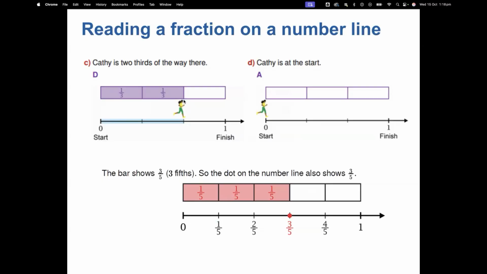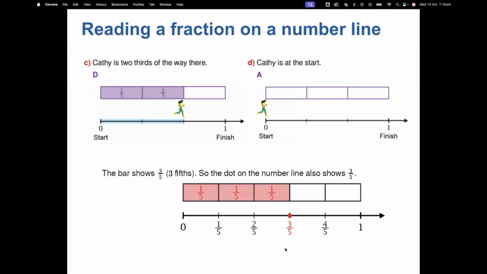Kathy has run 2/3 of the way on both the bar model and on the number line as well. So making that connection. The example along the bottom is a little bit more complex because now we're looking at 3/5, and again making that connection between the bar model and the number line.